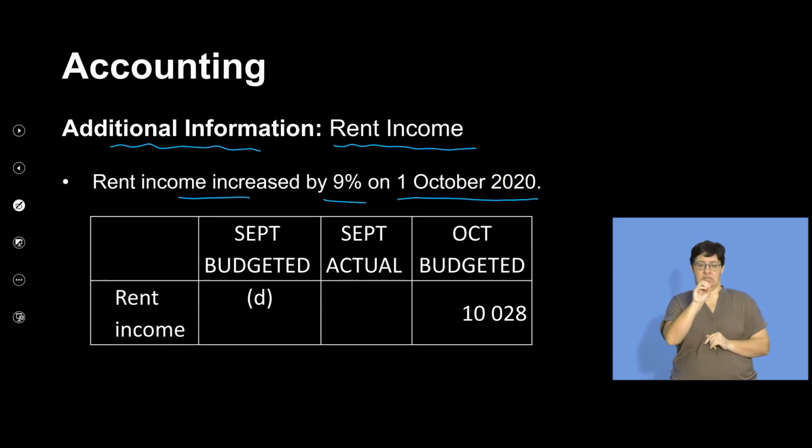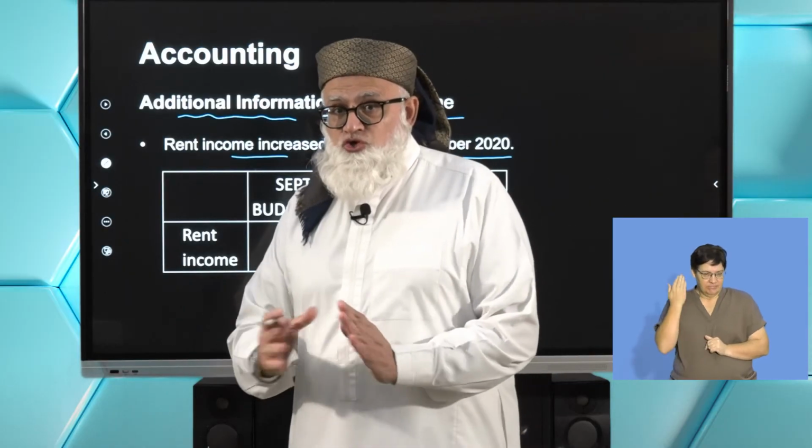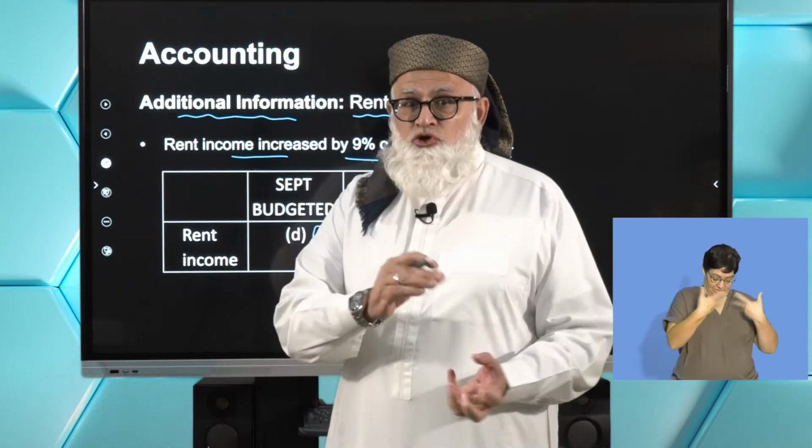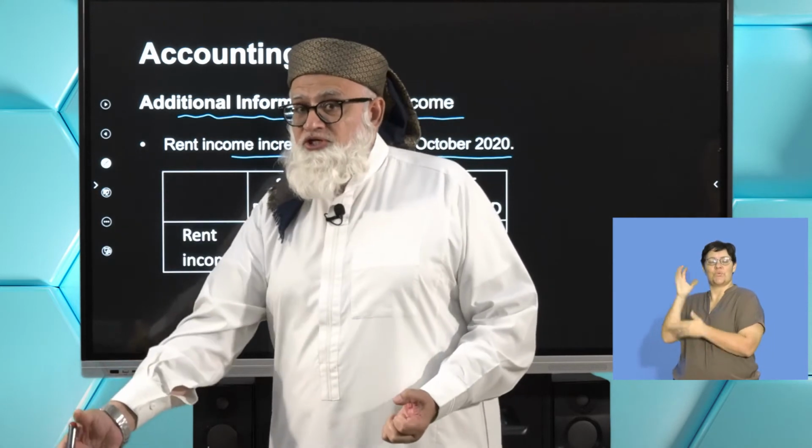Okay, now look at the variation in the question. You are given the rental for October already. You are expected to calculate the September rental figure. Notice, in previous questions, you were given the September information, you had to calculate October information.